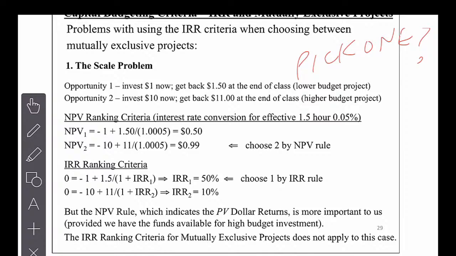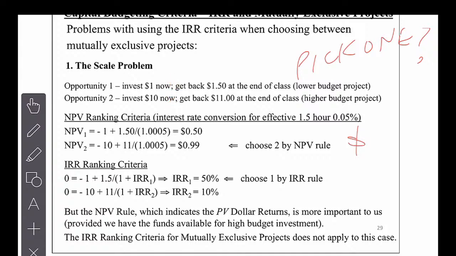And that's what's revealed when you do the dollar calculations for the NPV. When you do the rate calculations, you're comparing rates, but your scale is different, so it's not the right comparison, because you're starting off with different amounts.